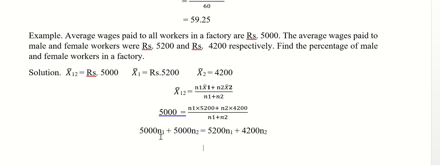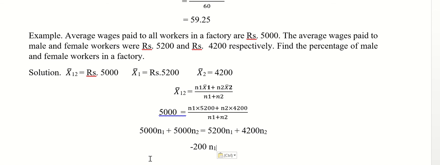So this 5000 n1 and this is 5200 n1. So this 5200 n1 will come to the left hand side. So it will become minus 200 n1. And this 4200 will also come to the left hand side.